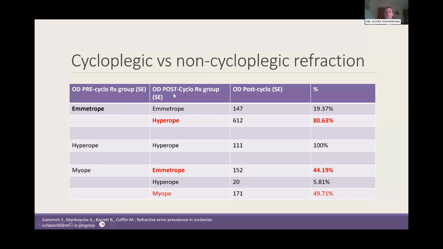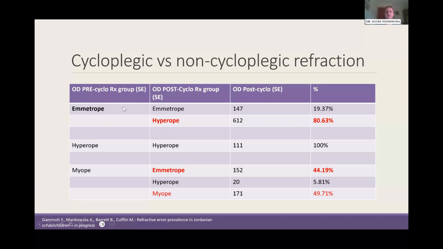One of the ways in which we had a look at the data was looking at the refractive error group that the children started off in when we took measures on the autorefractor before cycloplegia, and once we had instilled cyclopentolate. And we found that if you started as an emmetrope, you weren't necessarily an emmetrope when we looked at you under cycloplegia.